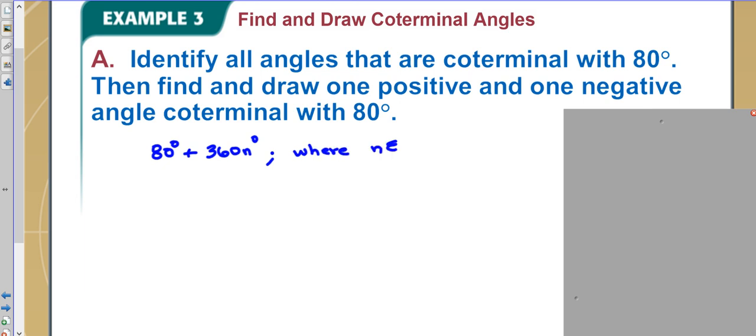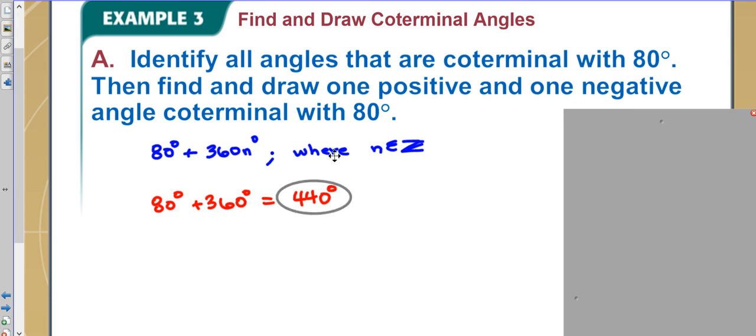The way to represent integer is, I know you've seen x ∈ ℝ, which means all real numbers, and integer is like a Z with a double-sided line, like this. So a practical example: if we added 360, we would get a coterminal angle that is 440, and that would be one answer.